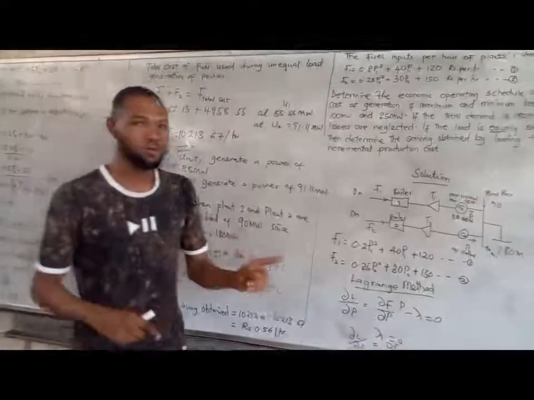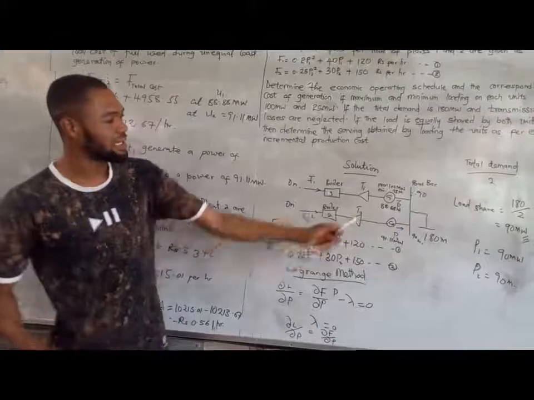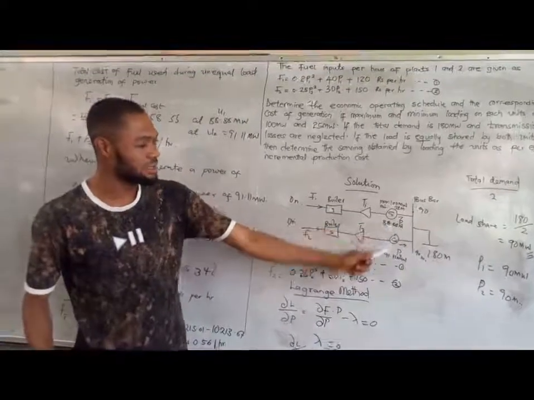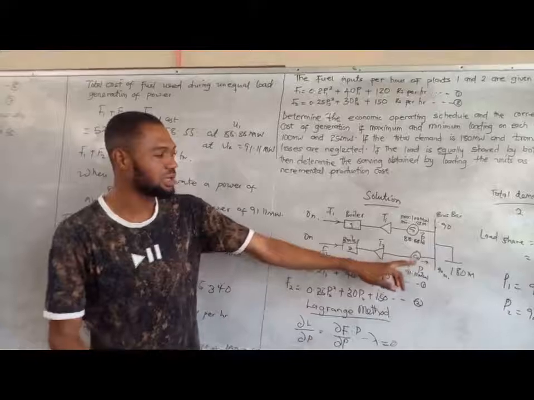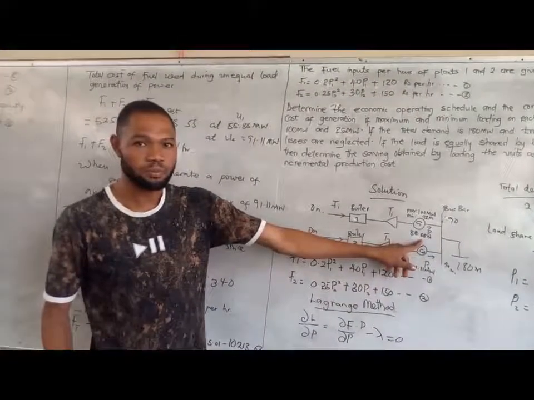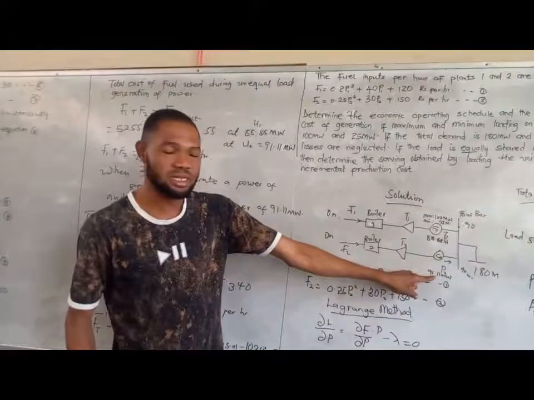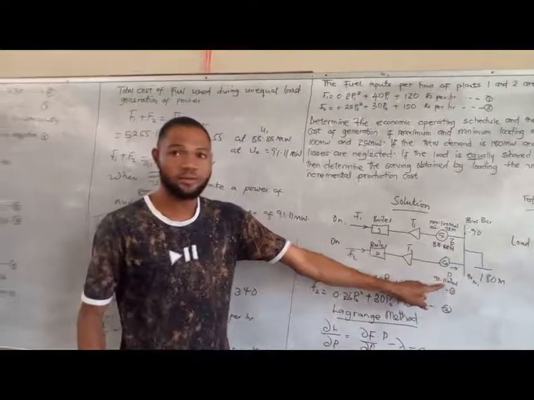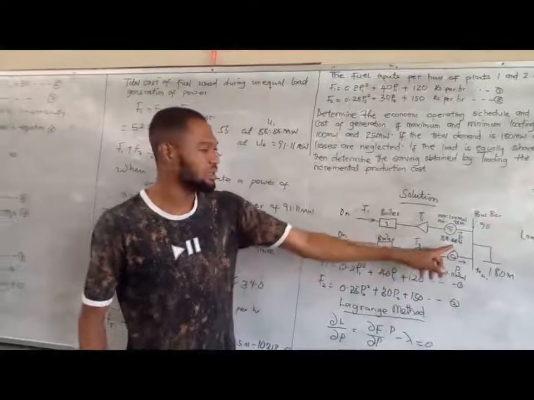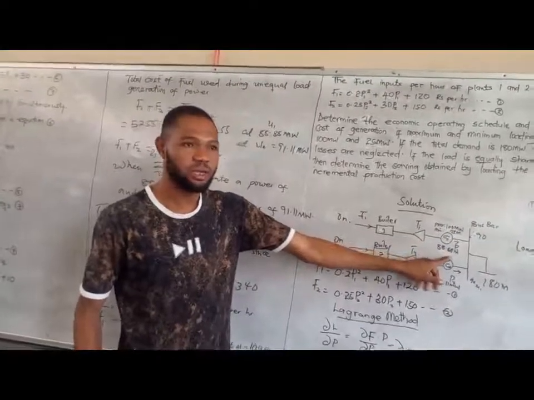But if you are generating on no equal base, realize that this is 88.8 and this is 91. It means that you are stressing this generator more than this generator. The cost of fuel required to generate 91.5 is more expensive than the cost of fuel you'll be using to generate 88.8.